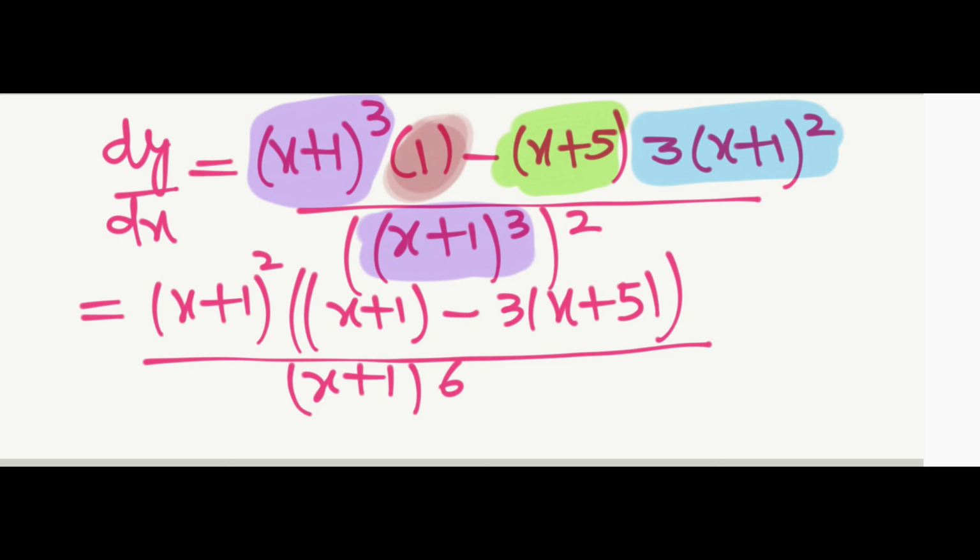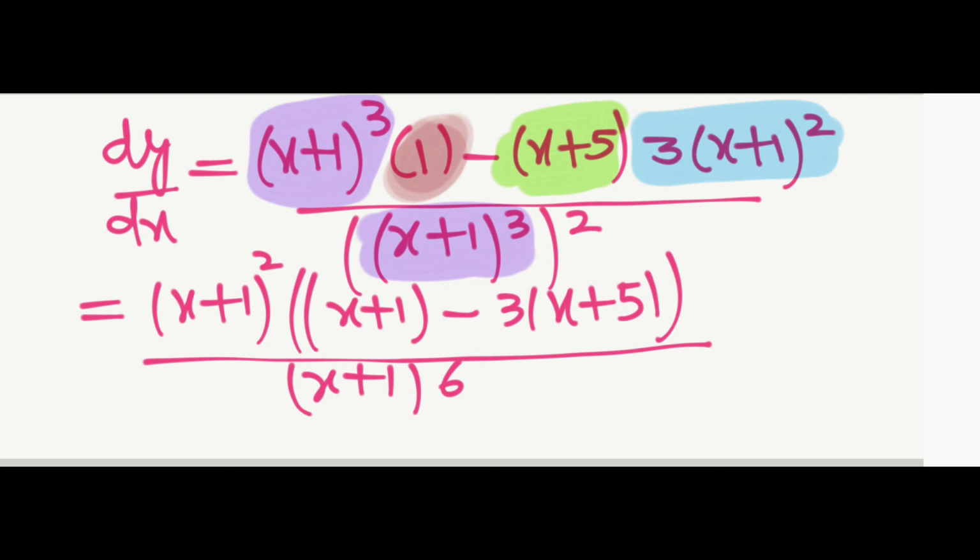Now friends, here concentrate. In the denominator we write x plus 1 raised to power 3, which is function v, and in brackets the power is taken square because it is in the formula. So when you write, it becomes x plus 1 raised to power 6.